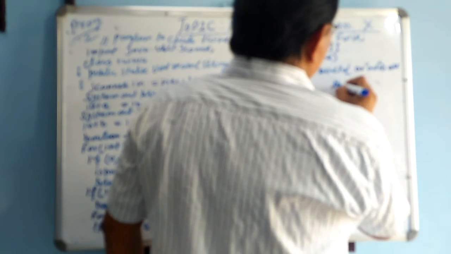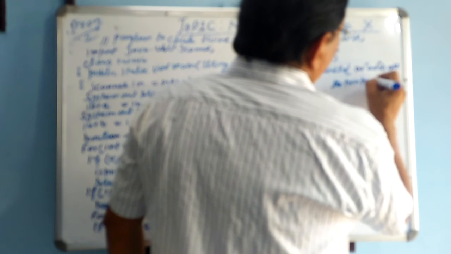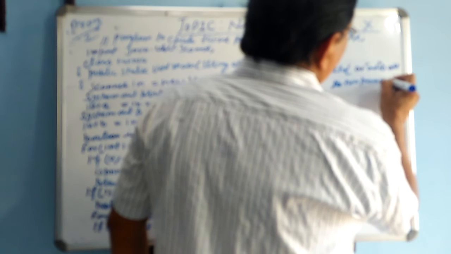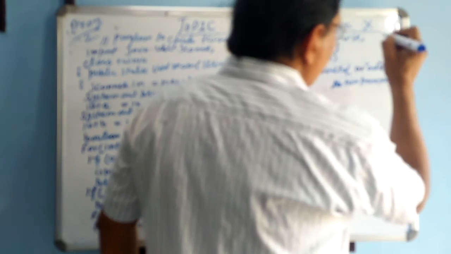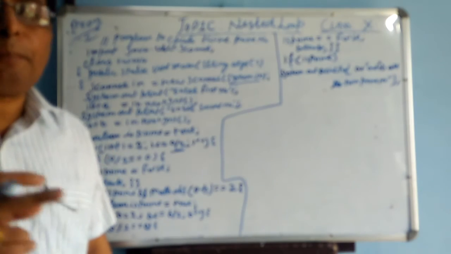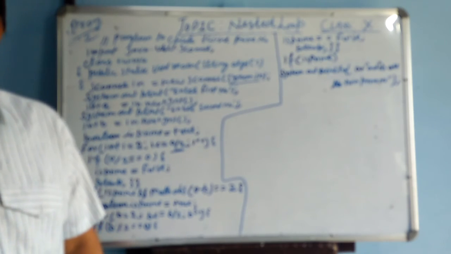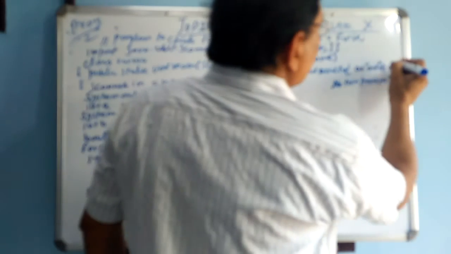Means if they are the prime numbers, then it will say these are the twin prime numbers in double quotes.